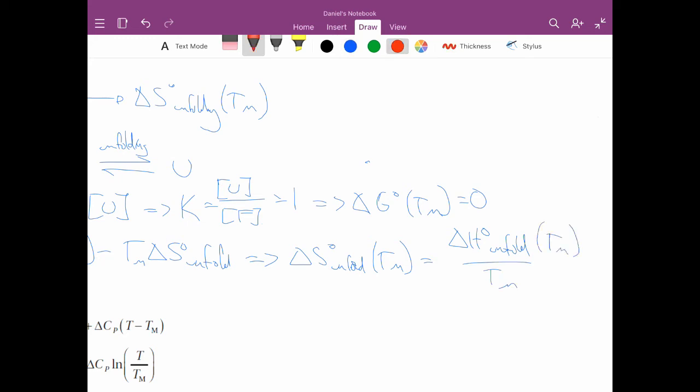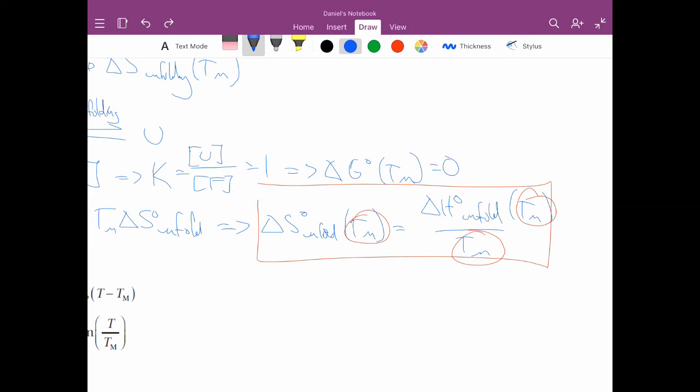This is a good equation, but it's really important to note that this is at the melting temperature. So it's only at one particular point. So you can't actually use this equation to calculate entropy changes at different temperatures because of the temperature dependence of entropy change and enthalpy change.